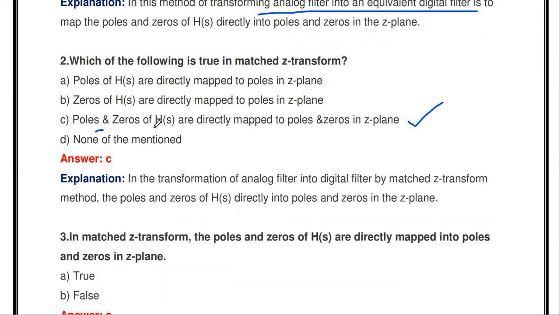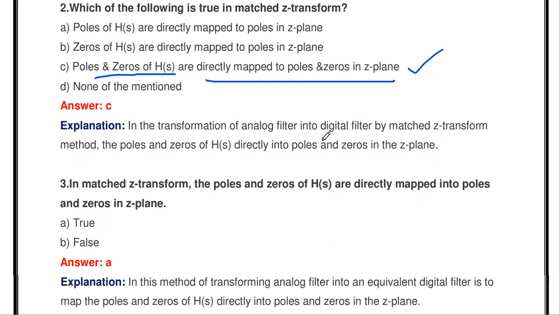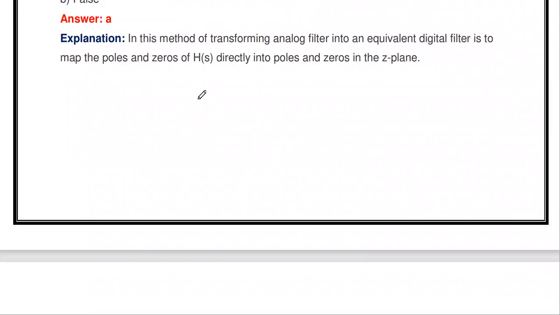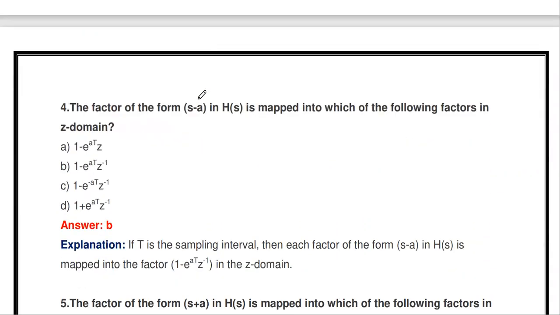Poles and zeros of H of S, that is the analog filter, are directly mapped to poles and zeros in the Z plane. The next one: in matched Z transform, the poles and zeros of H of S are directly mapped to poles and zeros in the Z plane. True or false? It's true. The same question, only asked in a different way.